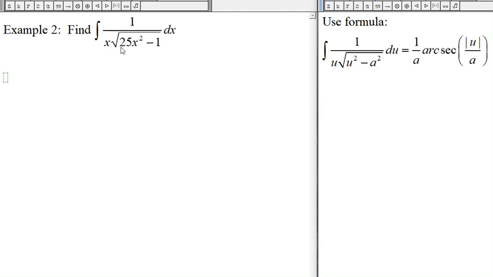And so to use this formula, we'll let u squared be 25x squared and a squared be 1. Then take the square root of both sides, and we get a to be 1.